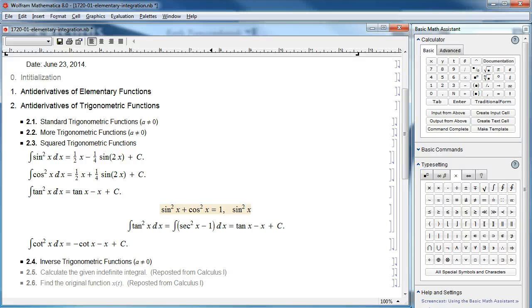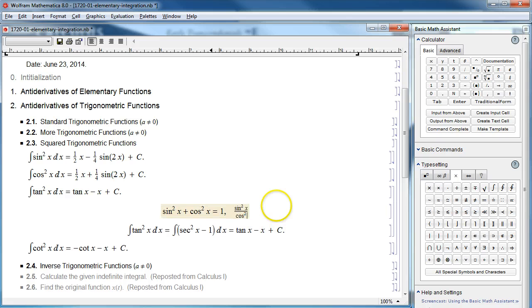Sine squared of x divided by cosine squared of x plus 1 is equal to 1 over cosine squared of x. And what is sine over cosine? That's tangent, isn't it? Is equal to, what is 1 over cosine? That's secant. And we can easily deduce the Pythagorean identity for tangent and secant starting from the standard one.